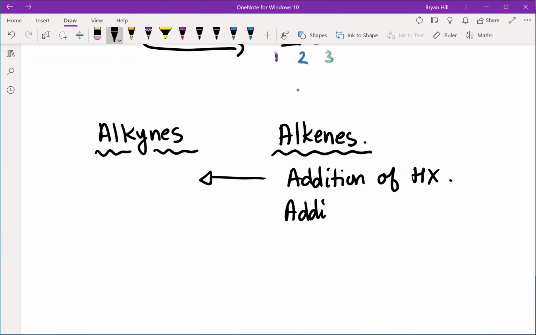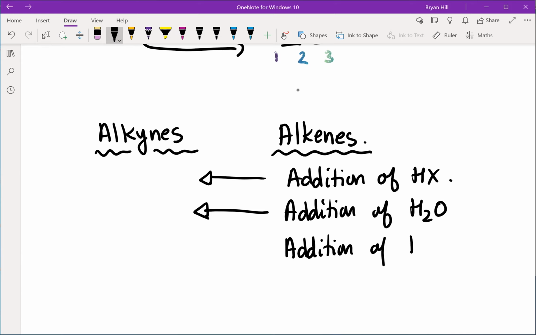Addition of water. So we had two special reagents for water, the hydroboration or the oxymercuration. We're going to do the same thing. Addition of H2. Same thing. We're going to do the same chemistry.